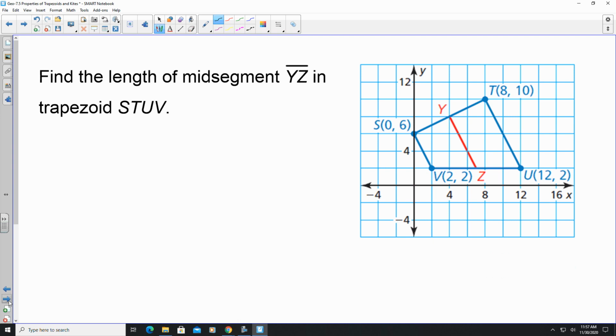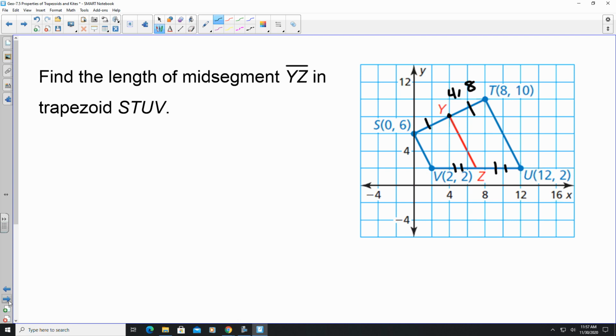Here they want you to find the midsegment YZ. So the distance from here to here is the same as the distance from here to here. We need to find that. You could do one of two things. You could say, all right, this value right here looks like it's at 4 comma 2, 4, 6, 8.